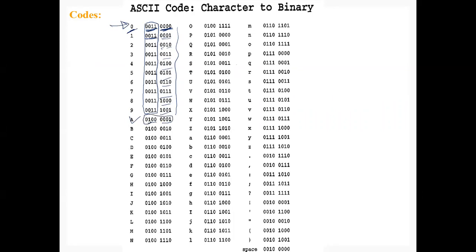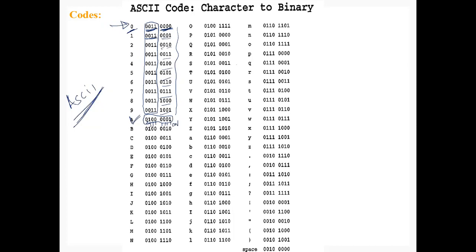So in a computer, or any electronic device that uses ASCII code, if you want to type A, the first one is on, then off, off, off, off, off, on.